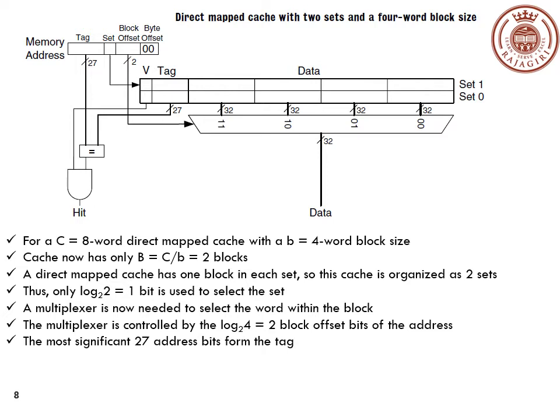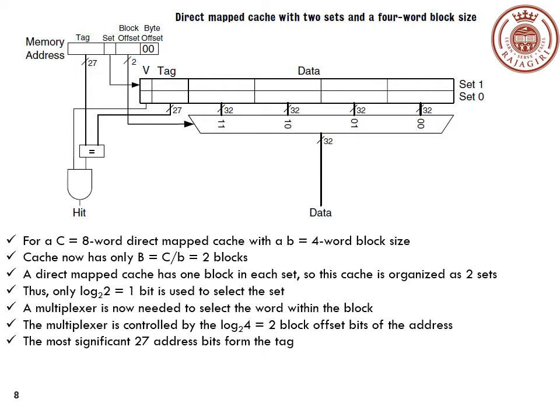Now as the size of the cache is limited, in this example you are taking an 8-word cache, so you can have a maximum of only 8 words. Even though you are using the direct mapped cache with a block of size 4 words, you can have a maximum of only 2 blocks. So this will reduce the number of sets to 2, but the overall capacity remains the same.